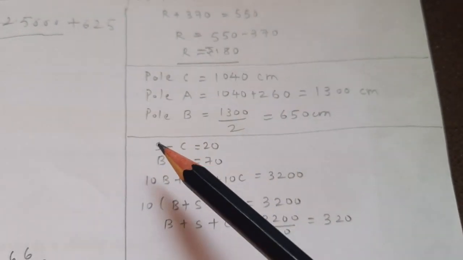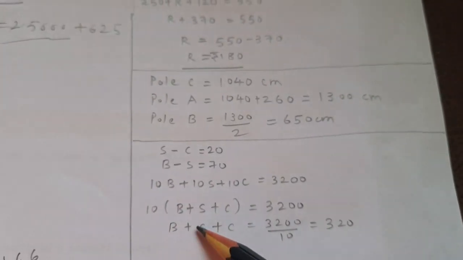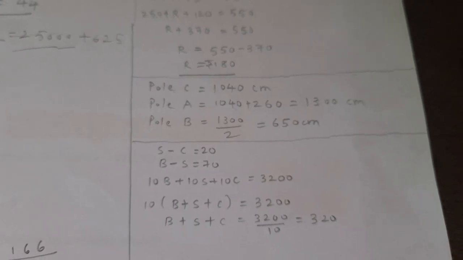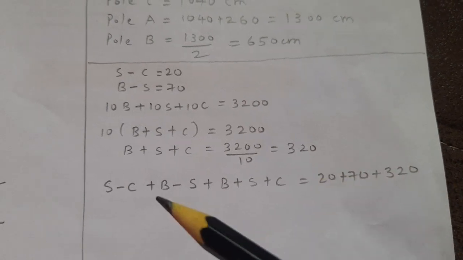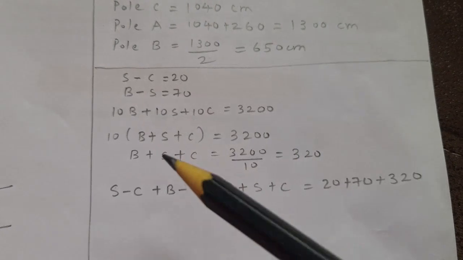Now what we should do is we should add all three equations, this, and let's add all the left hand side and let's add all the right hand side. Adding all left hand side and right hand side, this is what I get. As is, I added the equations and did nothing else.